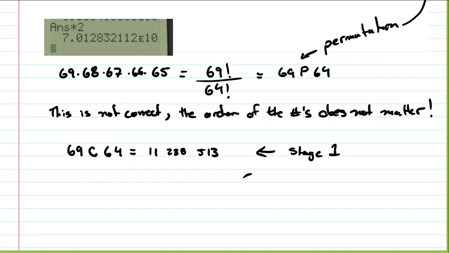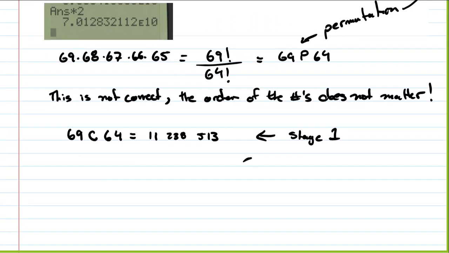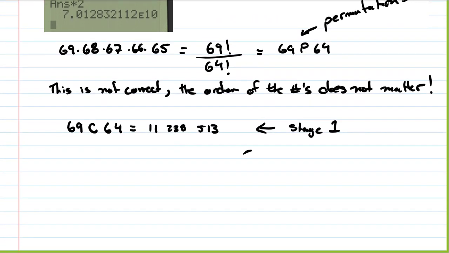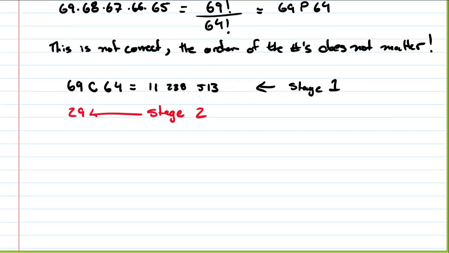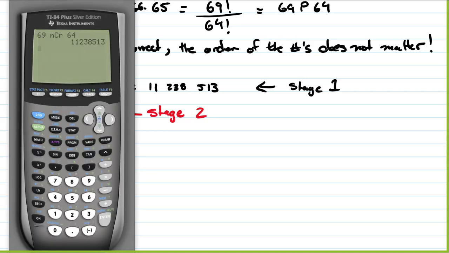What about stage 2? Well, it only had one thing in it, so stage 2 is correct still. So we had 29 choices because there's only one thing, so stage 2 is good. So then the total number of Powerball tickets, the correct total, the product of these two things, so times 29.